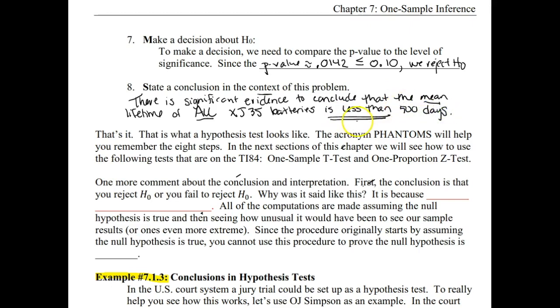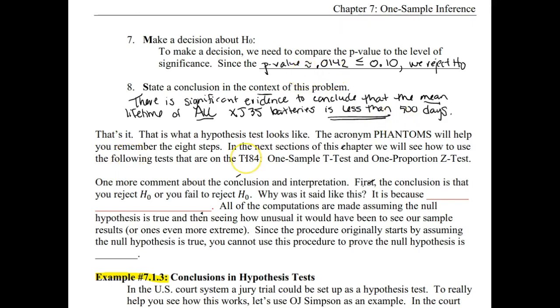Now, we didn't conclude that simply because we had an x bar of 490, which was less than 500. It's because we had an x bar that was lower than 500, and it was enough lower to make the p-value really tiny.